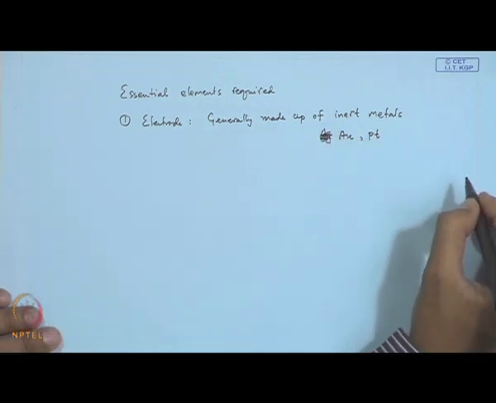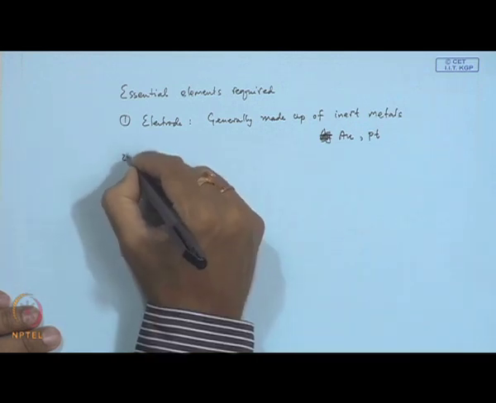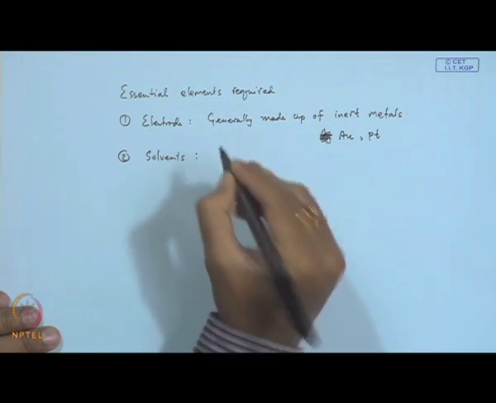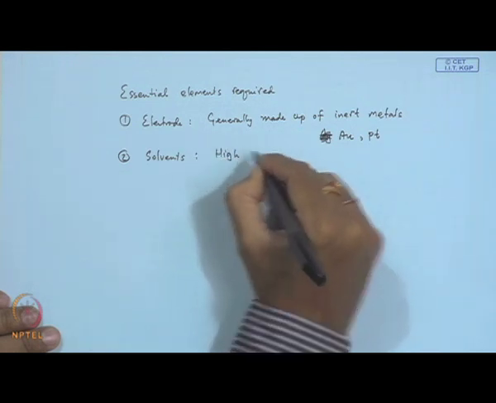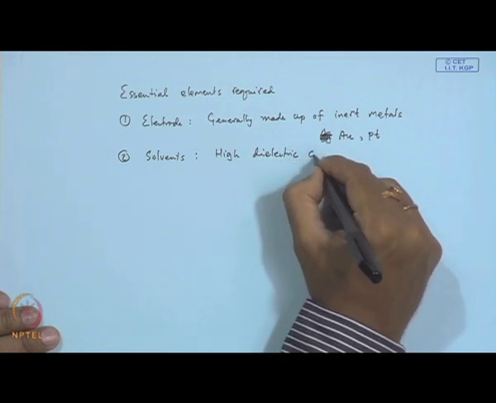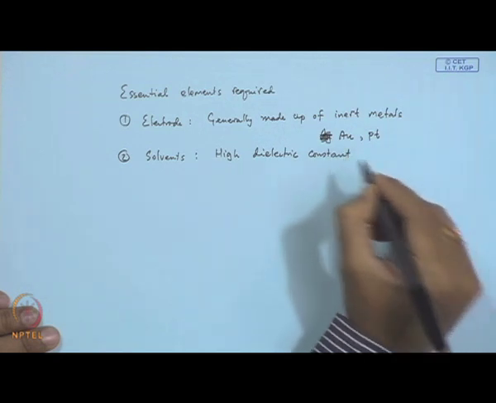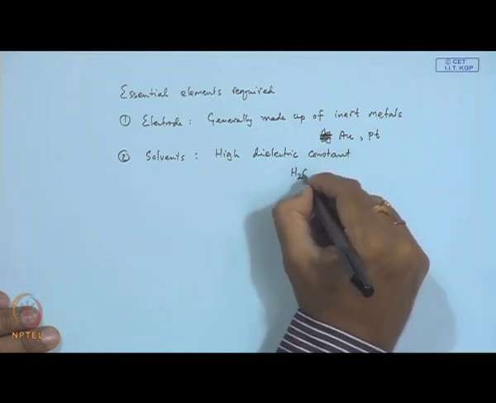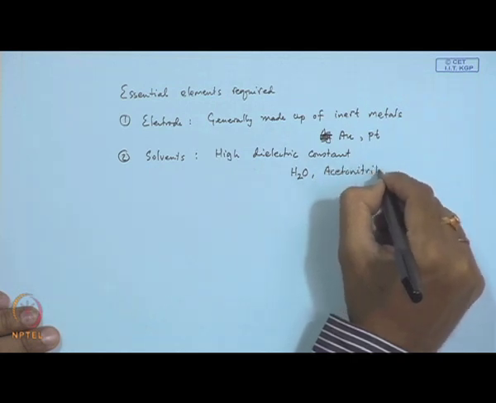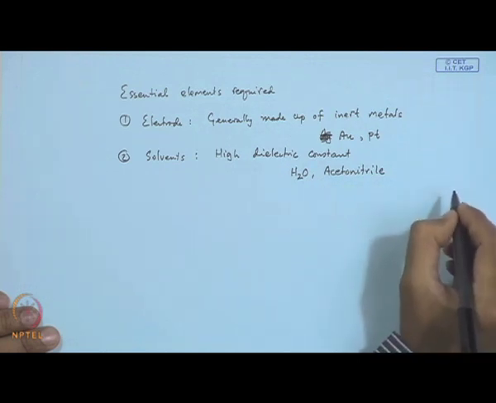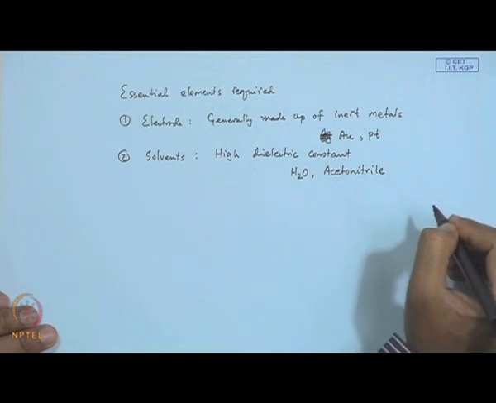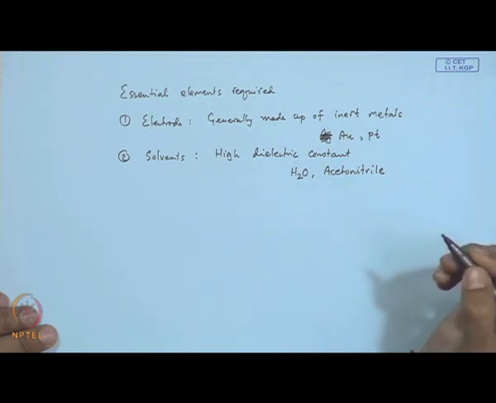Then the solvent, generally of high dielectric constant, like water or acetonitrile. These are used because they enable the electrolytes to dissolve and help passage of current.